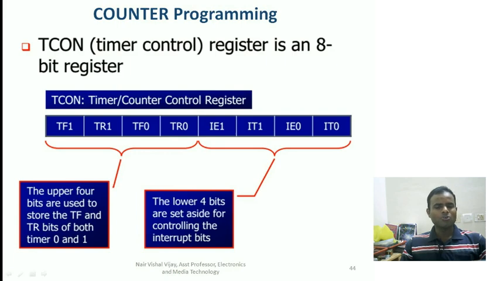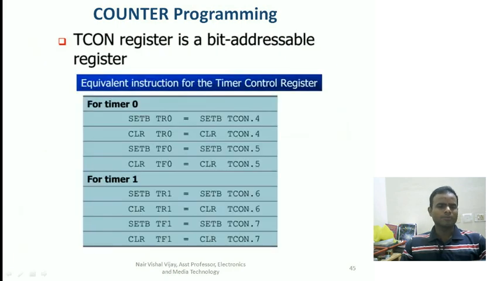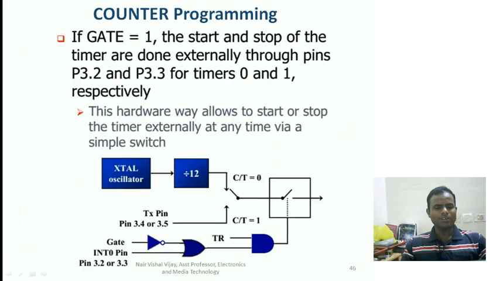As you can see in this block diagram, you have an oscillator divided by 12. This is the timer function operation, and when your counter/timer bit is 0, your timer operation works. When your counter/timer bit is 1, your counter operation works.